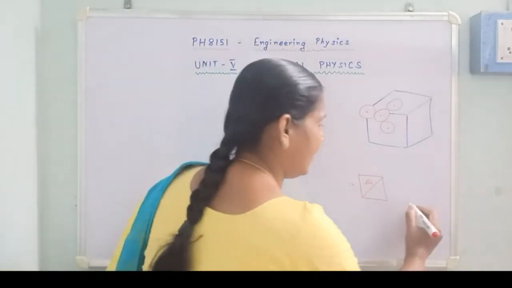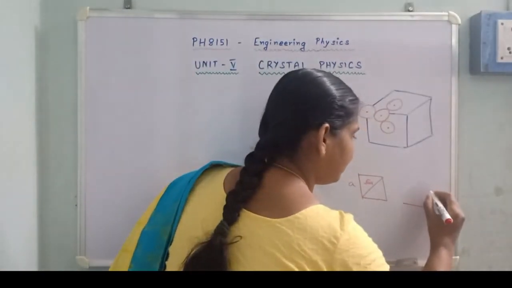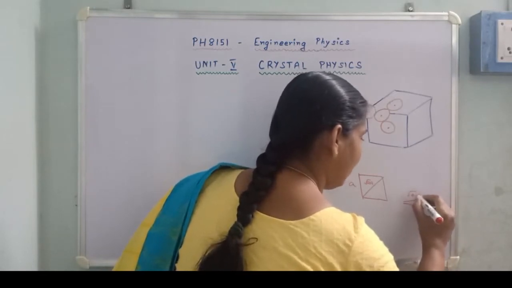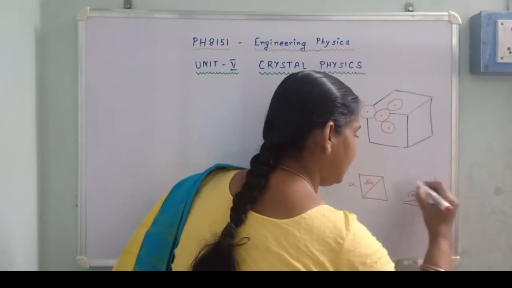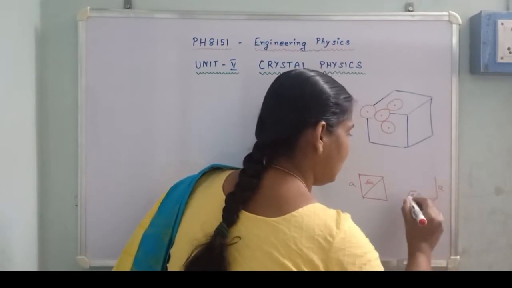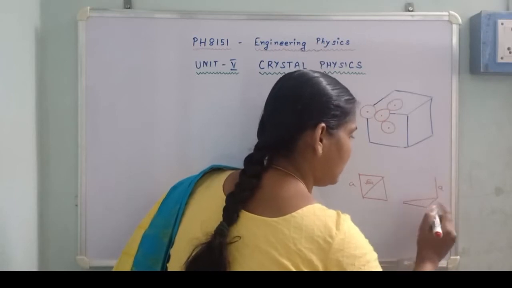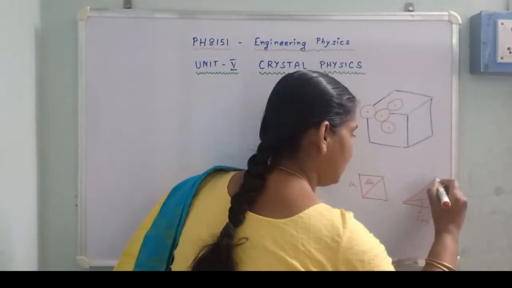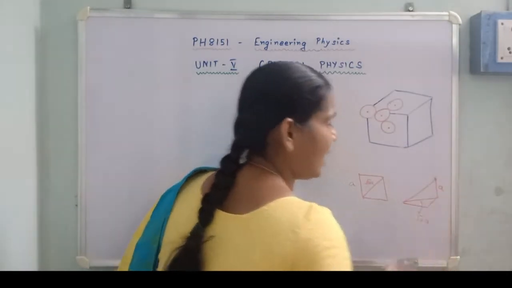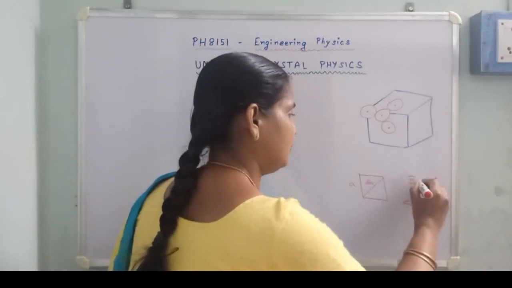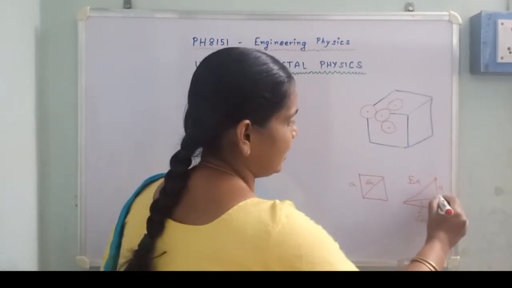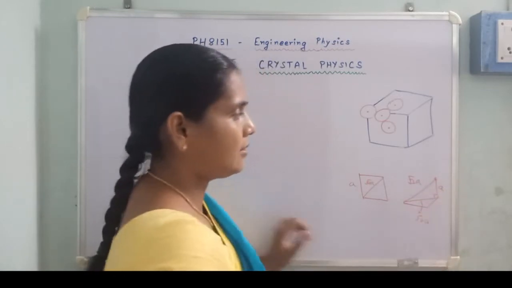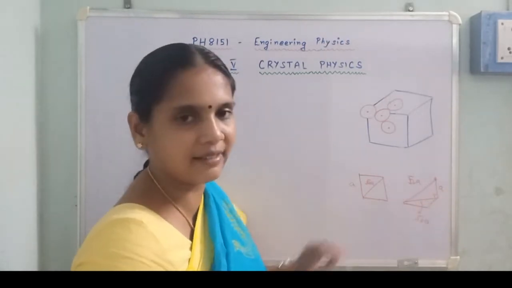To find the body diagonal, you have √2a, this is the face diagonal. The body diagonal will be √3a, because the face diagonal forms a right angle triangle, and face diagonal square plus one of the side square gives the body diagonal, that is 3a square.